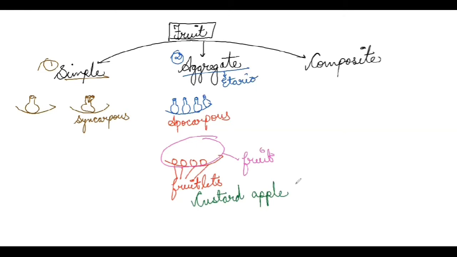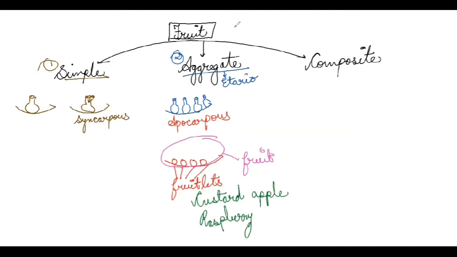Clear? So now you can imagine how these aggregate fruits are formed. If you have seen the custard apple, this concept is definitely clear in your mind. Another one we have is raspberry. Remember the name. Maybe you have not seen or eaten it, but just remember the name. Custard apple is one common example we all have seen.